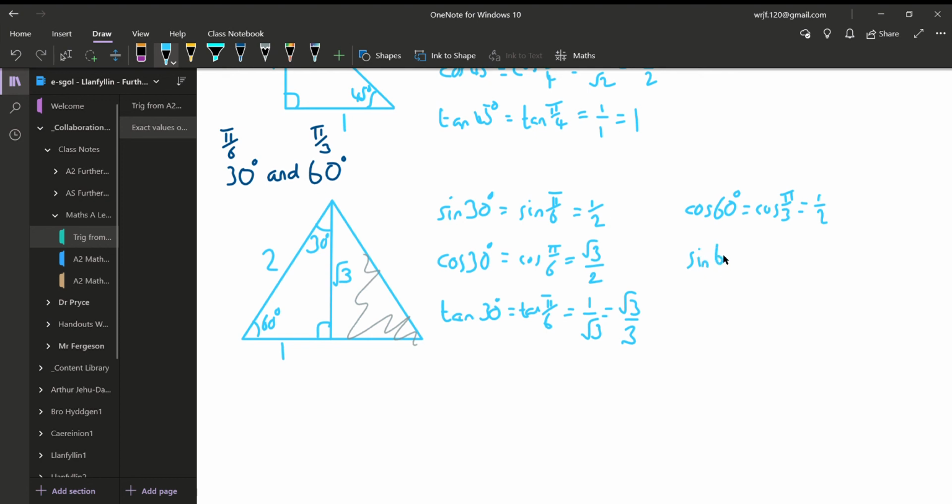And similar job going on here. If I think about the sine of 60 degrees, which clearly is going to be the same as the sine of pi over 3 radians. This time, focusing on the 60, for sine I'm looking at opposite over hypotenuse, root 3 over 2, and of course that's going to be the same as our cos of 30.